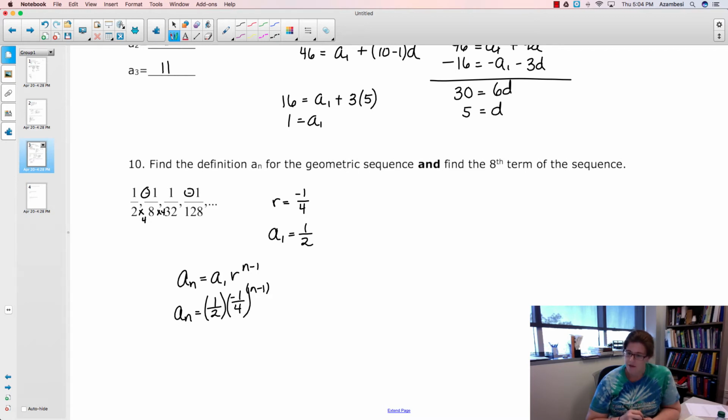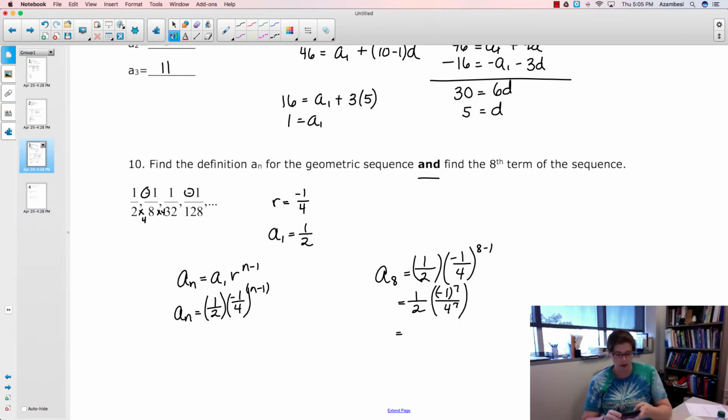Alright, looking at the rest of the problem, it says, and find the 8th term of the sequence. So a8 would be 1/2 times negative 1/4 to the 8 minus 1, or to the 7th. And I have 1/2. So negative 1 to the 7th on the top, and 4 to the 7th on the bottom. I'm going to plug in 4 to the 7th on my calculator because I certainly don't know it off the top of my head.